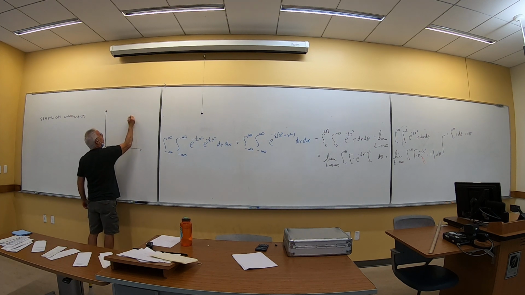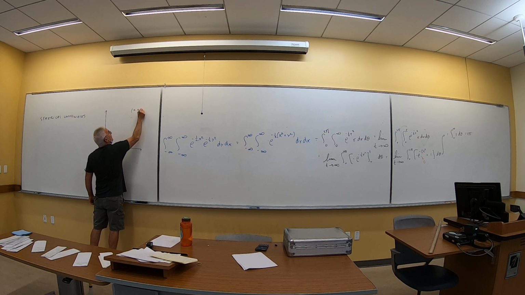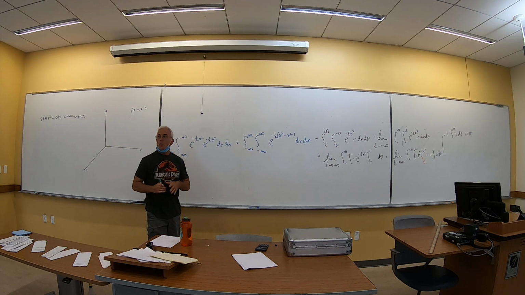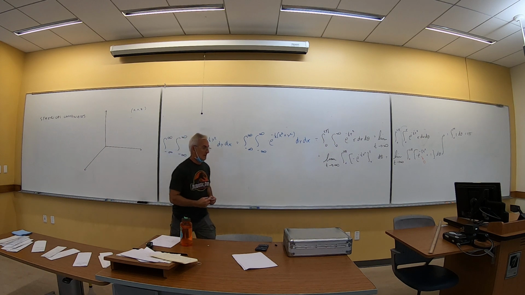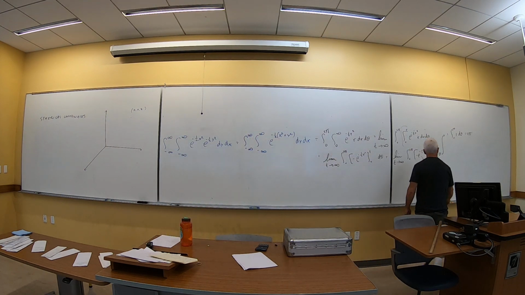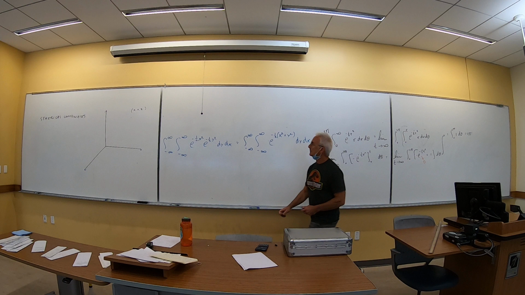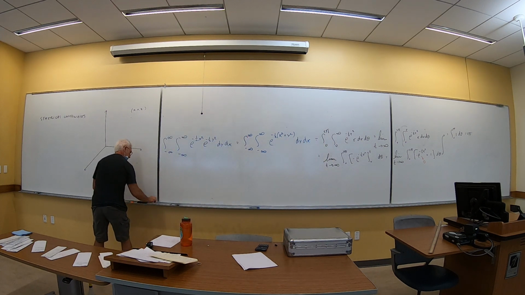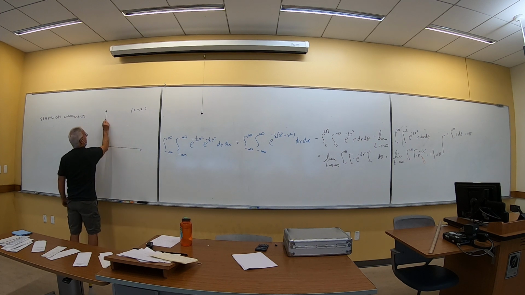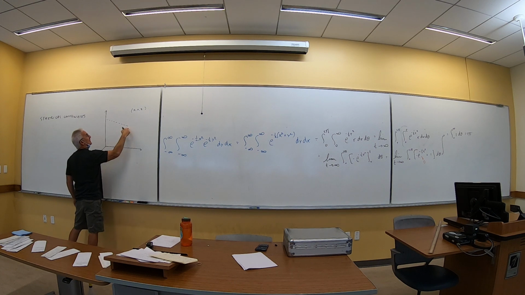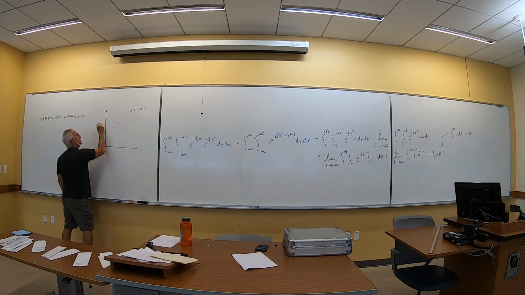All right, I have a point x, y, z. Okay? We already know the polar stuff. Now, this point is the point x, y, z, so this will be 0, 0, z, because I'm projecting it that way.